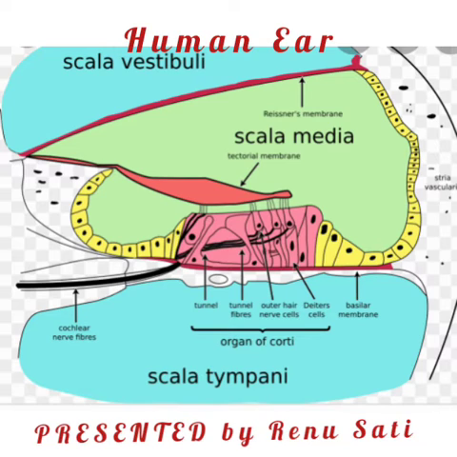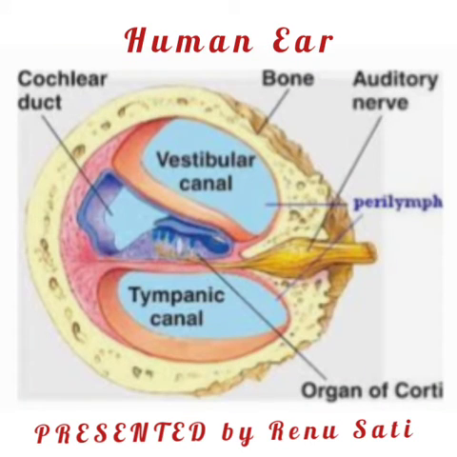The organ of Corti is a structure located on the basilar membrane which contains hair cells that act as auditory receptors. The hair cells are present in rows on the internal side of the organ of Corti.